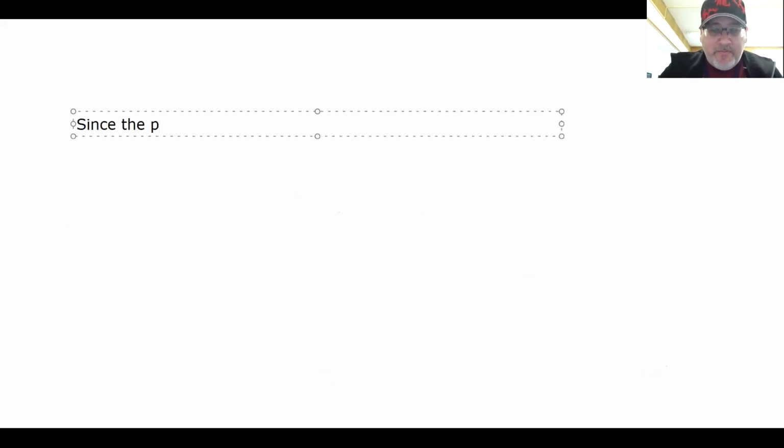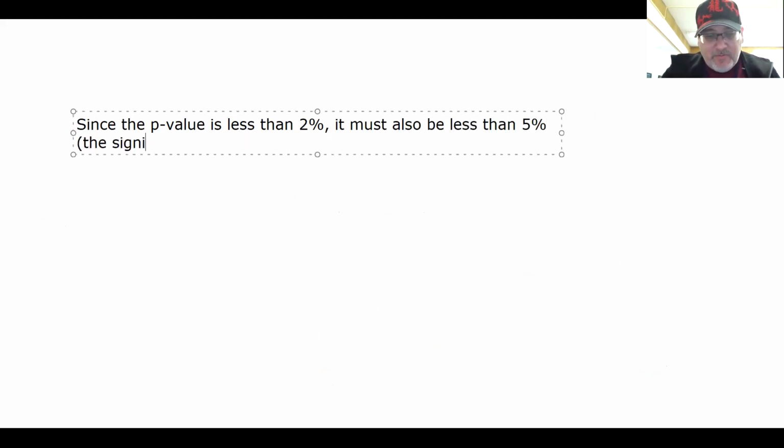Since the p-value is less than 2%, it must also be less than 5%, the significance level. Thus, what do we do when the p-value is too small? We reject the null hypothesis, just like we did in the critical value approach.